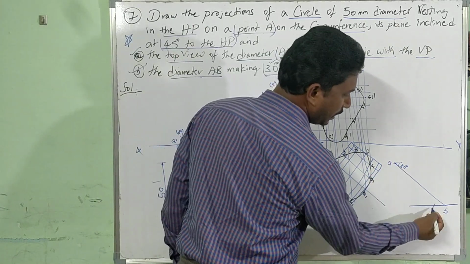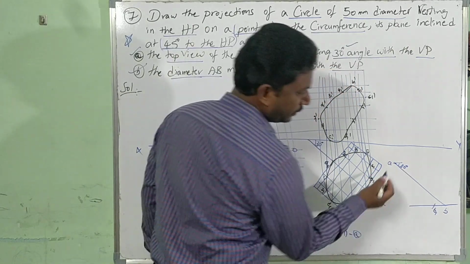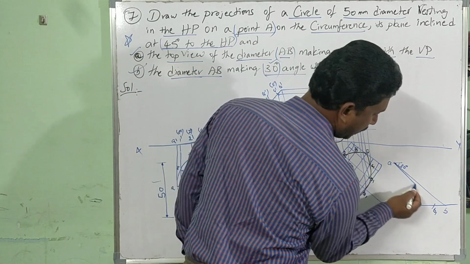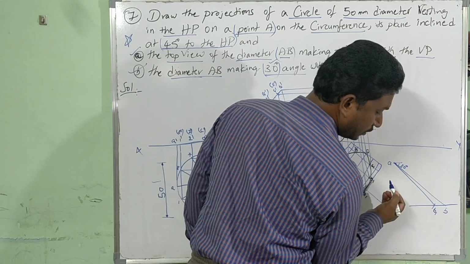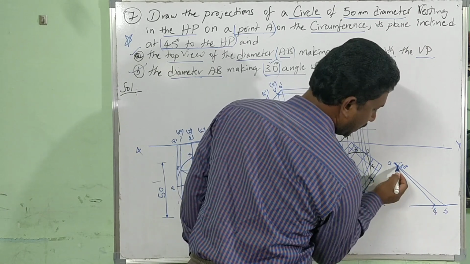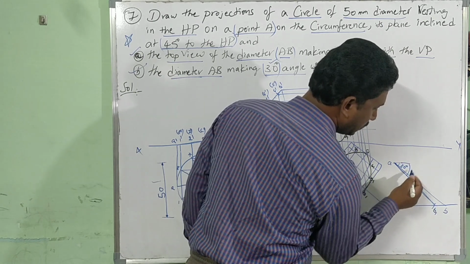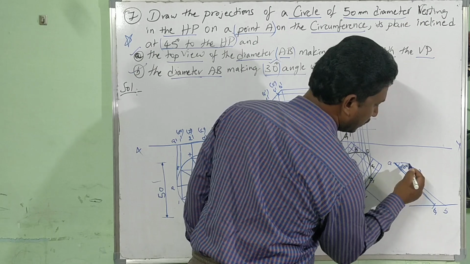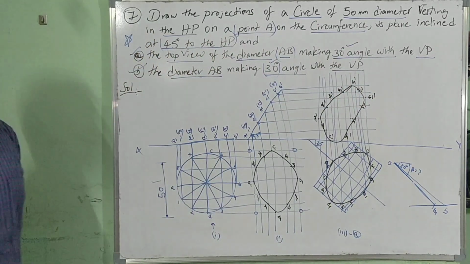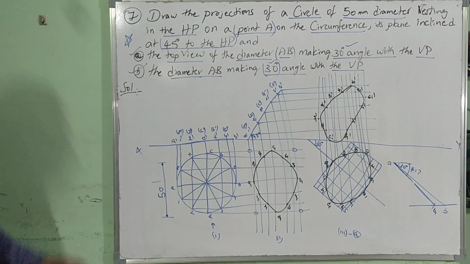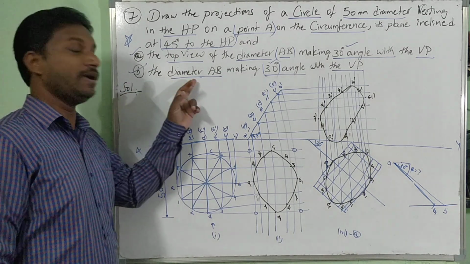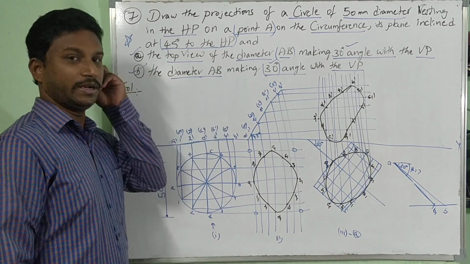Now from here, cut an arc. This becomes AB1. Now here if you observe, this becomes the beta angle.